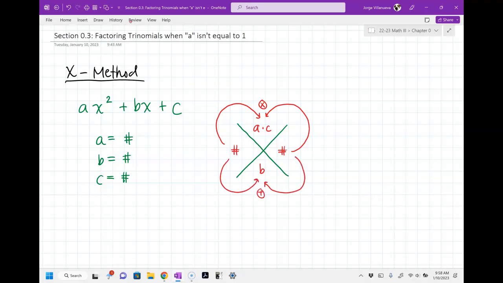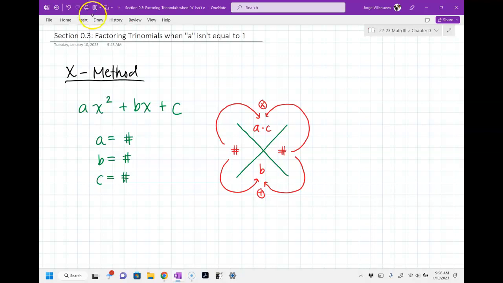Now, here's the hitch. Yesterday, this is all we did. If a was equal to 1, then that's all you had to do. But if a is not equal to 1, if it's equal to a 3, a 6, a -5, even a -1, as long as it's not just a positive one, then you're going to have to divide by it.